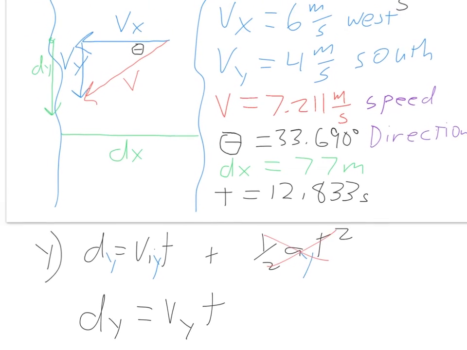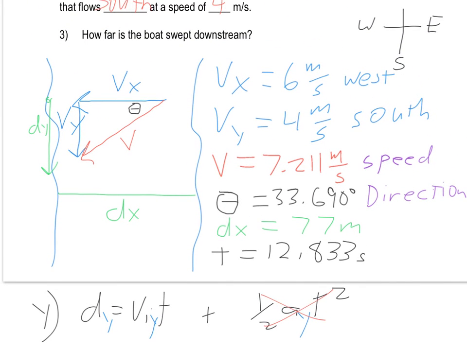Looking back up, my vertical velocity, vy, is 4 meters per second. The time to cross the river is 12.833 seconds. Again, the time that the boat spends moving horizontally across the river is also the time that the boat is getting pushed down the river.